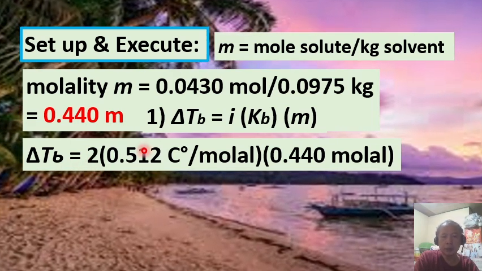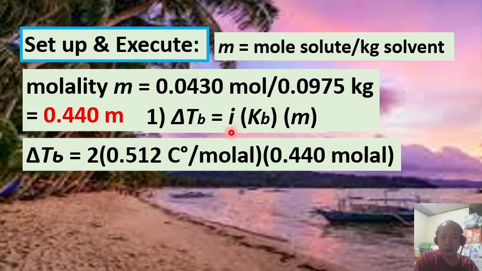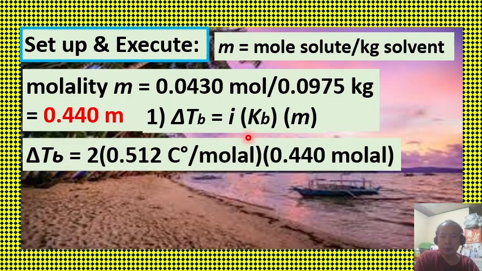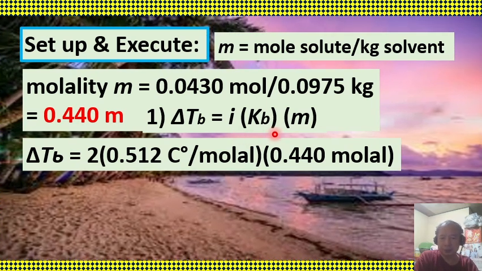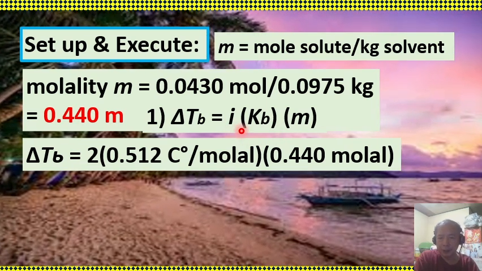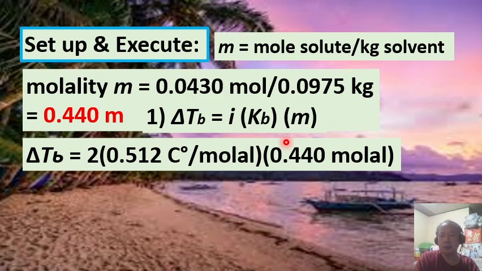The 2 here represents the Van 't Hoff factor for the solute sodium chloride.